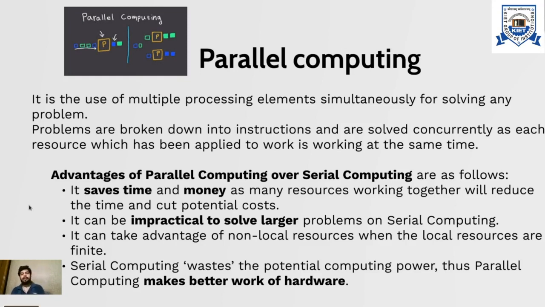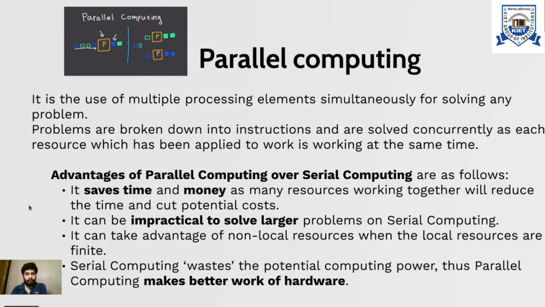Serial computing wastes potential computing power, thus parallel computing makes better use of hardware. This point is very valid because suppose I am reading this presentation and this program is being run, I am recording this video on OBS, and for processing the input and output values of OBS, maybe I have a quad core processor.